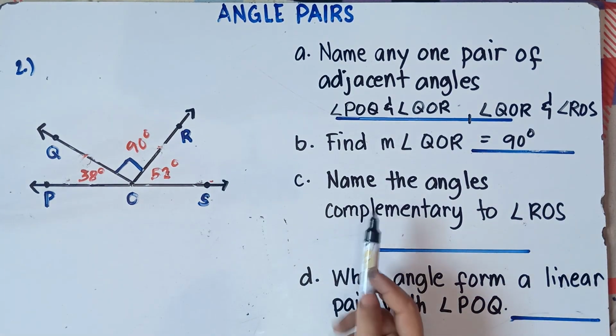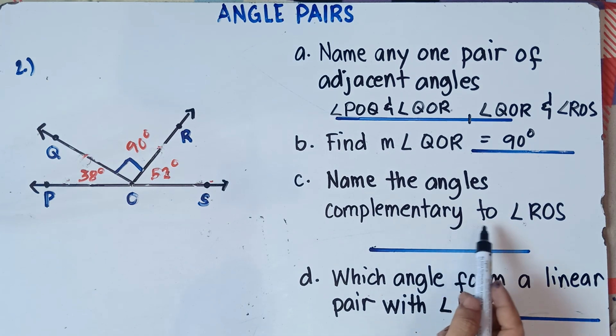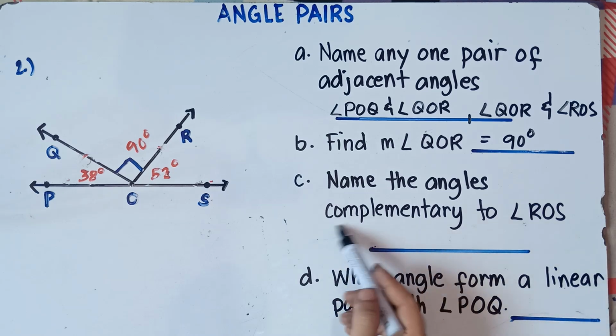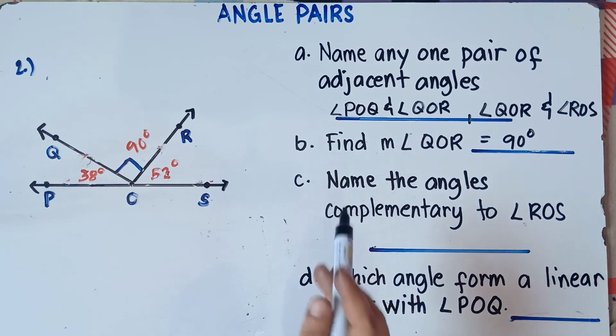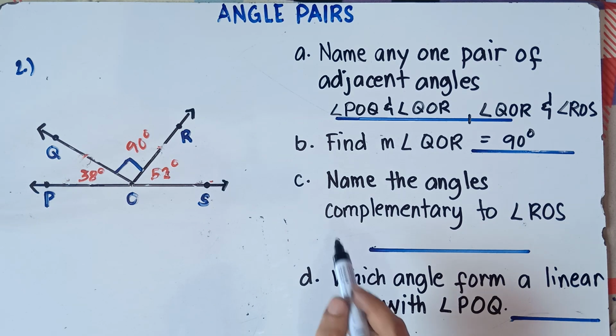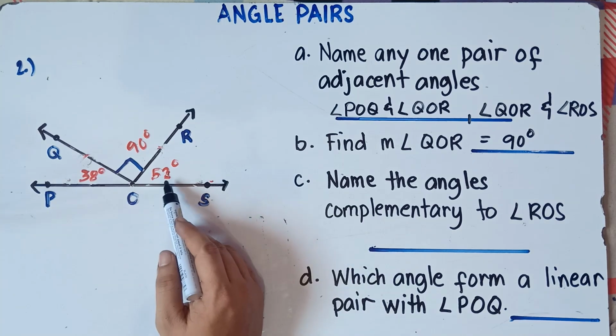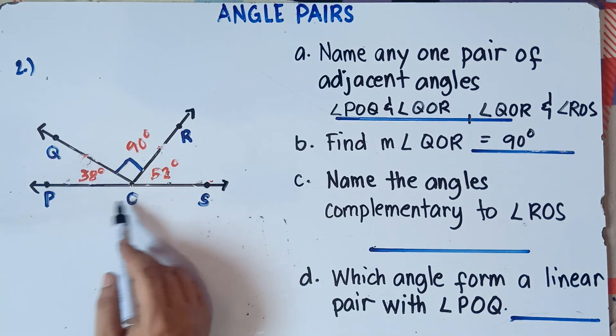Alright, so letter C, name the angles complementary to angle ROS. Once again, class, complementary angles are two angles that add up to 90 degrees. We already have the given angle ROS, that's 52 degrees. So therefore, our answer will be angle QOP.